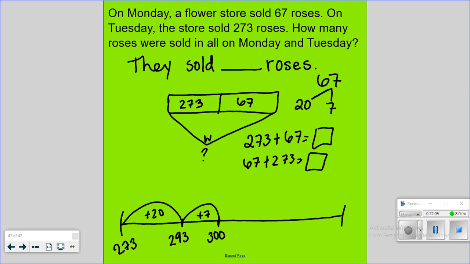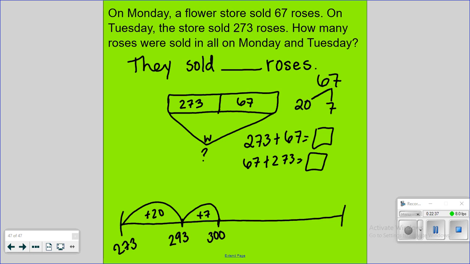So far, I've gone 27 numbers forward, but I need to go 67, so I need some more jumps. I'm at 27. I've done 7 ones, and I've done 2 tens.